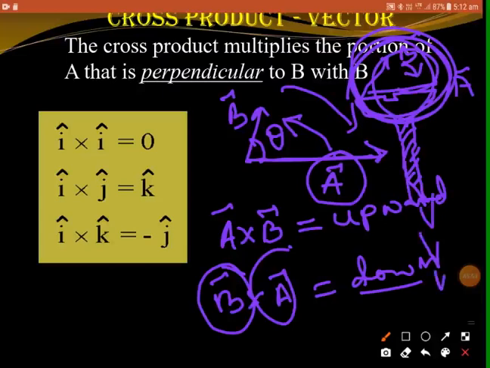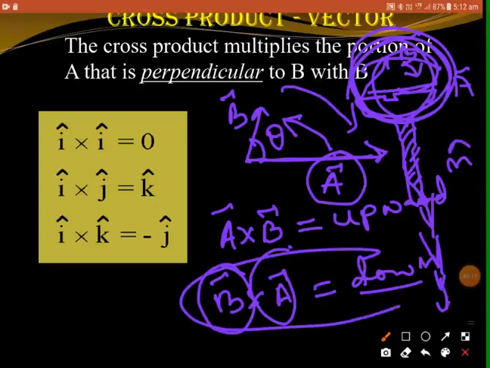The tip of this screw will be advancing in this direction, right? So this direction will give you your cross product. From B to A, it is downward, meaning it is inside. It is correct, right? So if you turn it, it will be inward, perpendicular to the plane of this screen and directed inward. Got it?